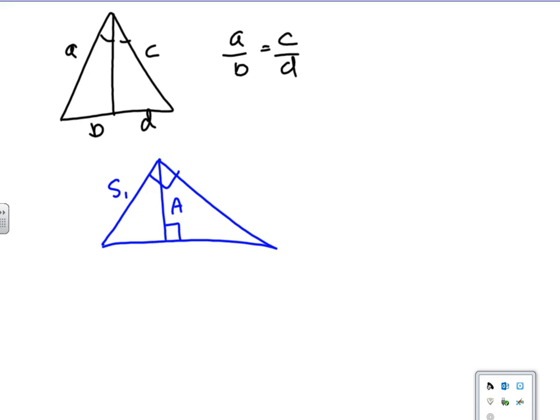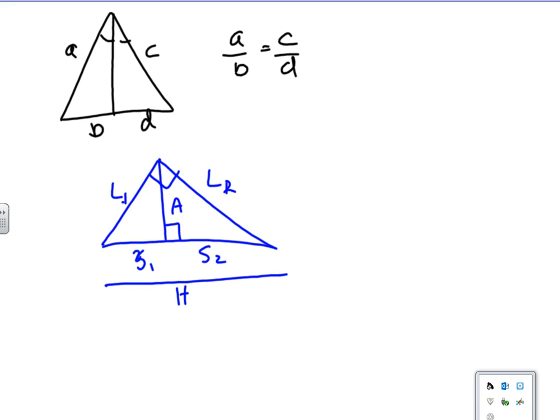So you've got the altitude, leg 1, leg 2, side 1, side 2, and the entire hypotenuse. It doesn't matter which one you call leg 1, as long as leg 1 and side 1 are adjacent to each other. And this should be leg 2.